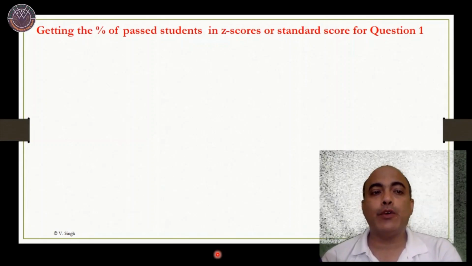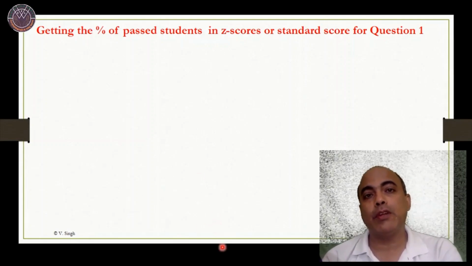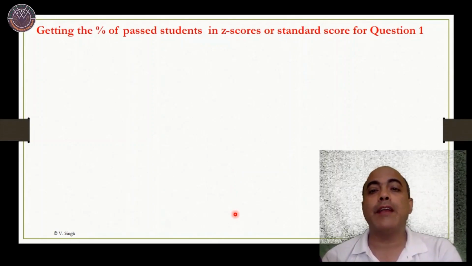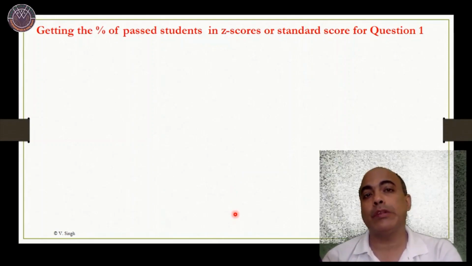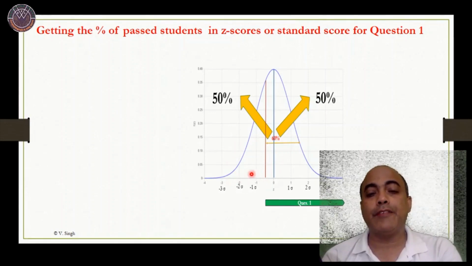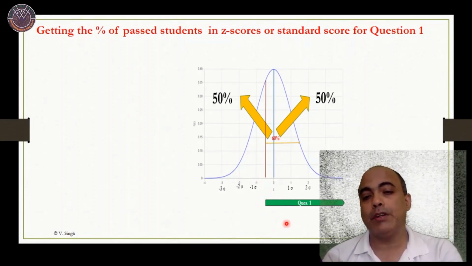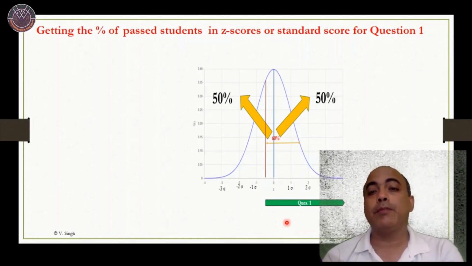Now, as I told you, in this question we further need to find out the Z scores or the standard scores for the different questions. This is the graphical representation of our findings for question number 1 that we have seen in the previous part of the video.